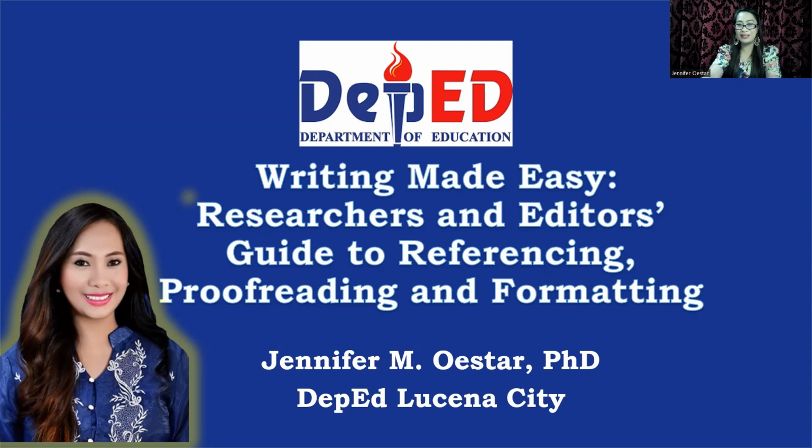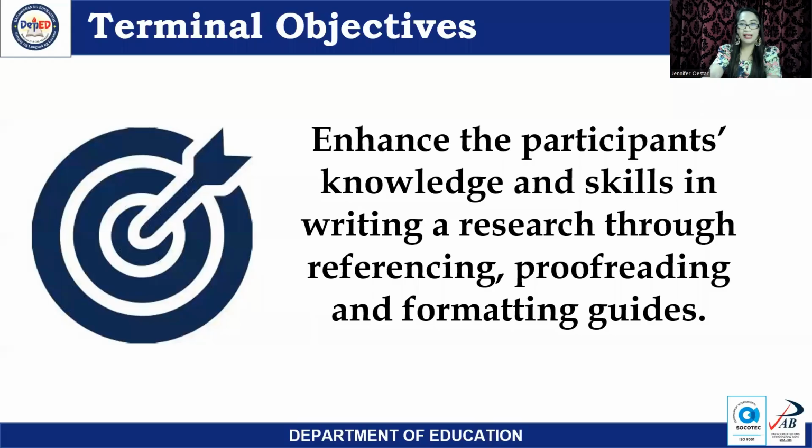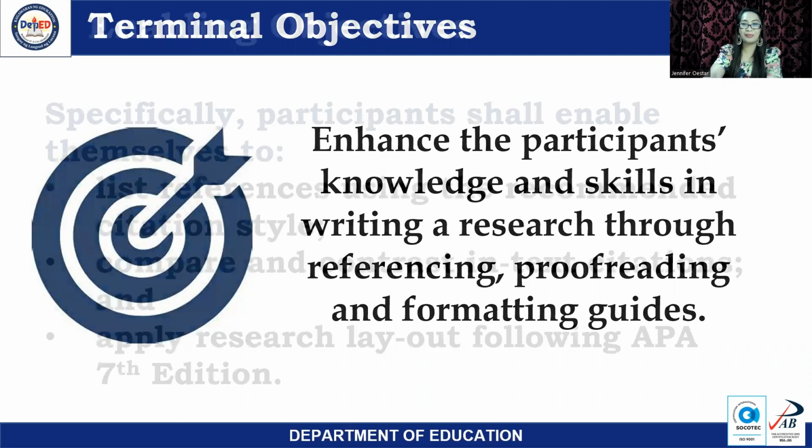To begin with, let me give you some of the terminal objectives. First and foremost, enhance the participants' knowledge and skills in writing a research through referencing, proofreading, and formatting guides.